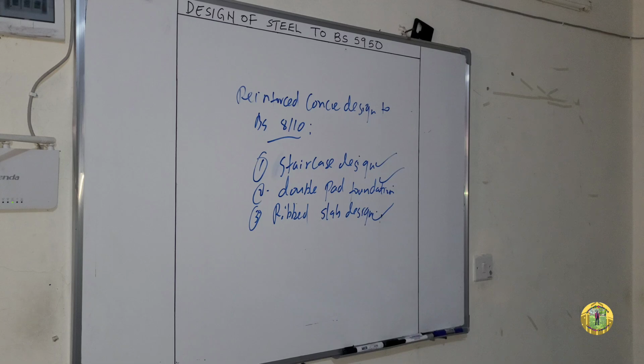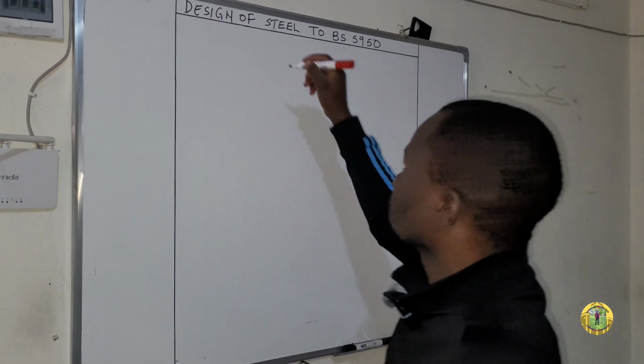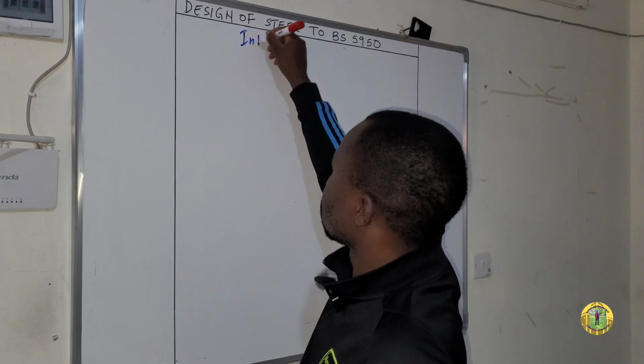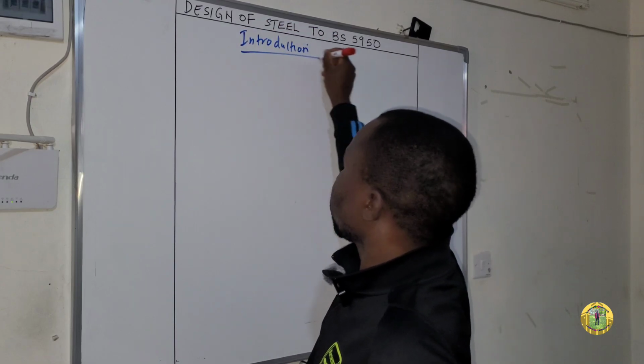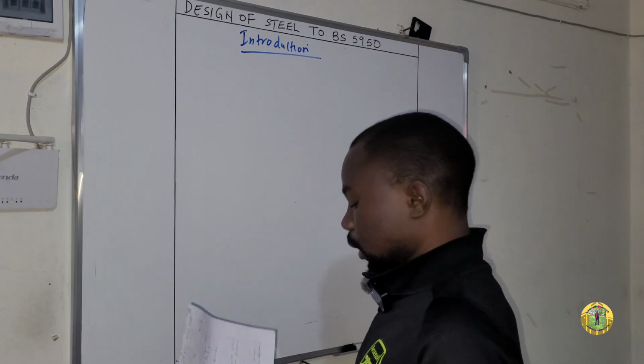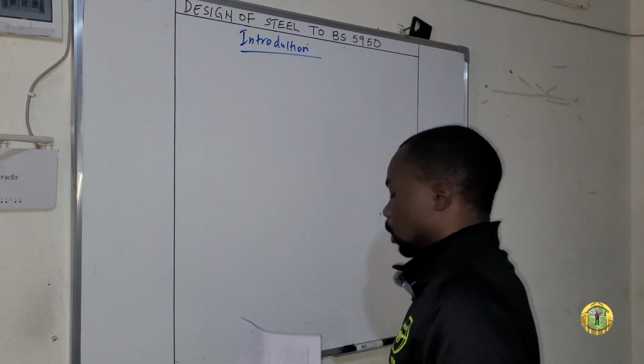So let's go back into today's topic, which is design of steel to BS 5950. I want to begin with an introduction. Under introduction, we will discuss the following subtopics.